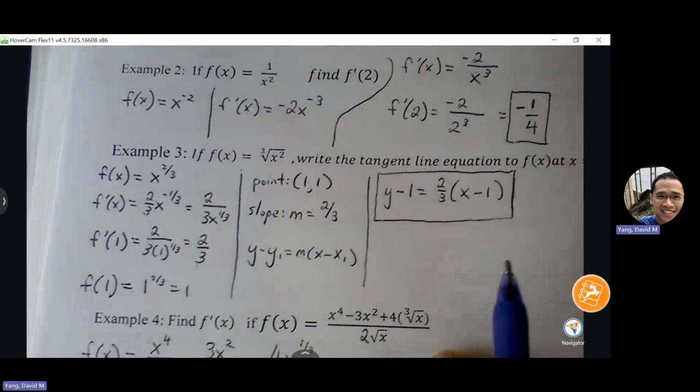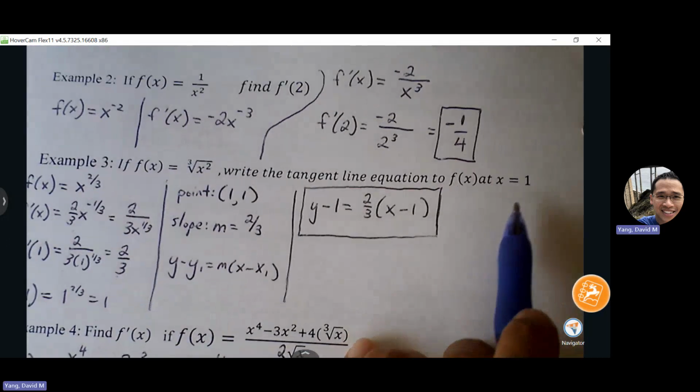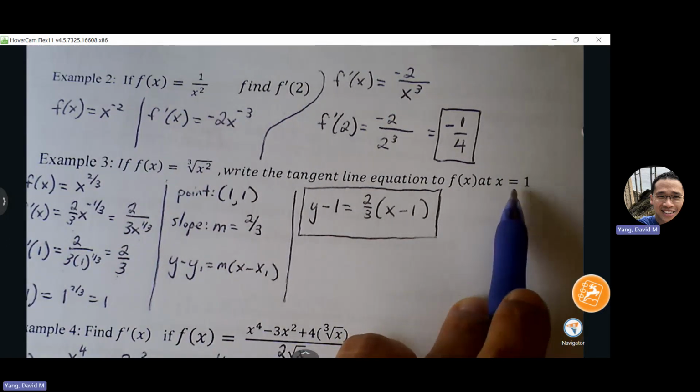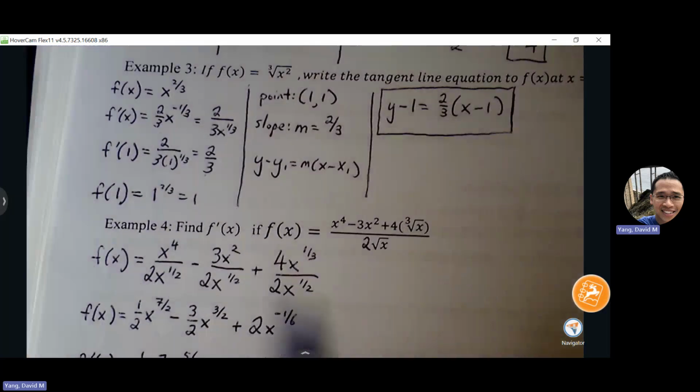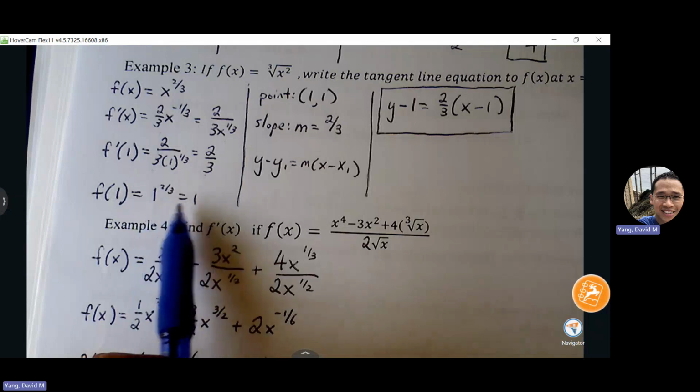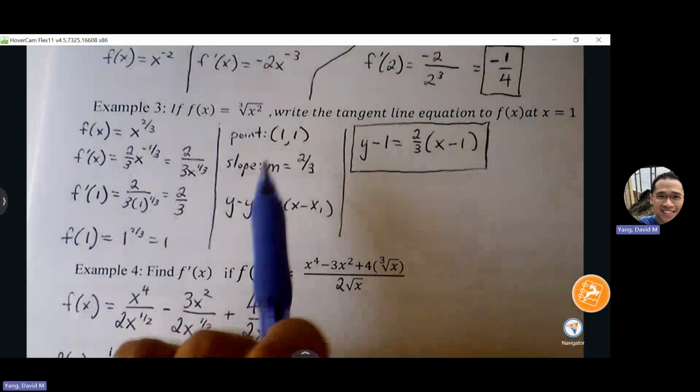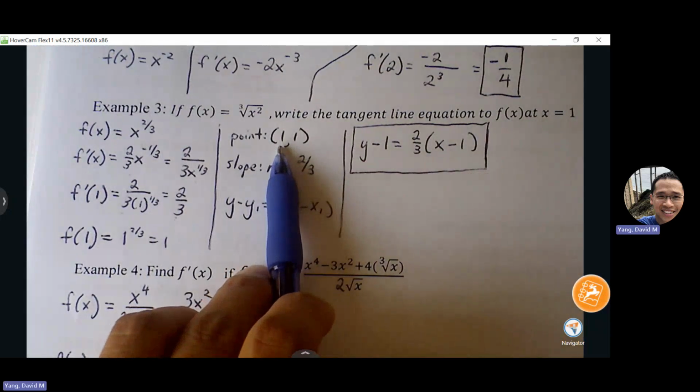But we still need to find our full ordered pair because they only give us the x value. So to find the y value, I'll insert 1 into the original function. So cube root of 1 squared, the same thing as 1 to the 2/3, which is 1. So there's my ordered pair. The x, y value is 1 and 1.